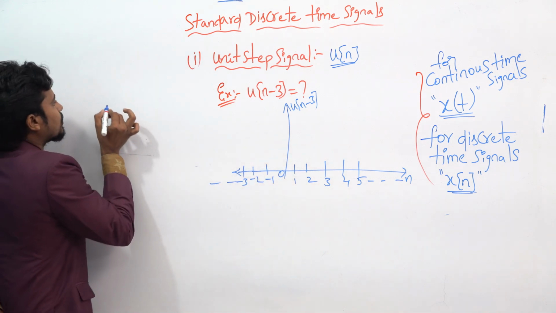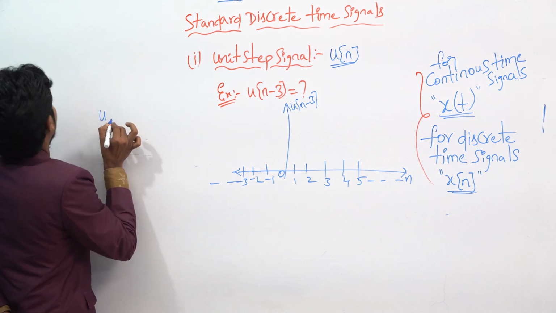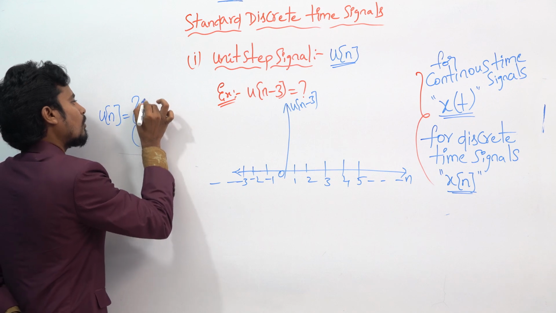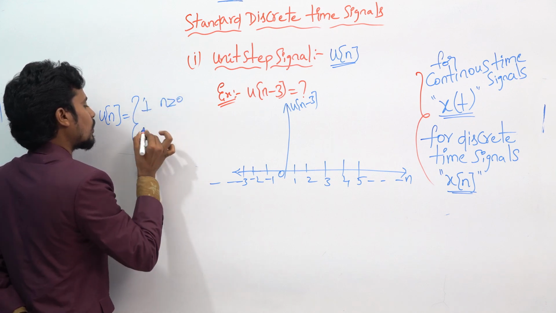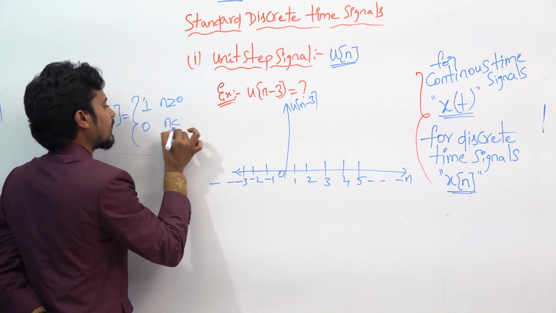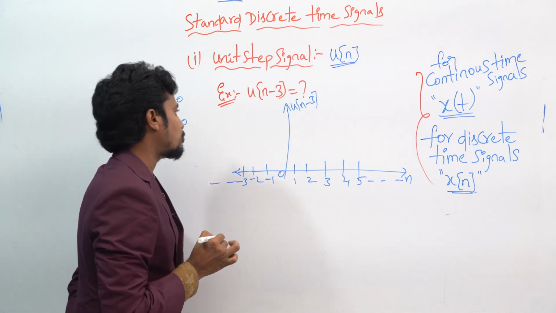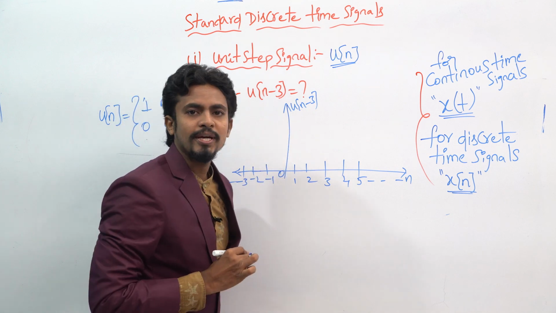The representation for u of n: u of n equals 1 for n greater than or equal to 0, and 0 for n less than or equal to 0. In place of n, we have to put n minus 3.